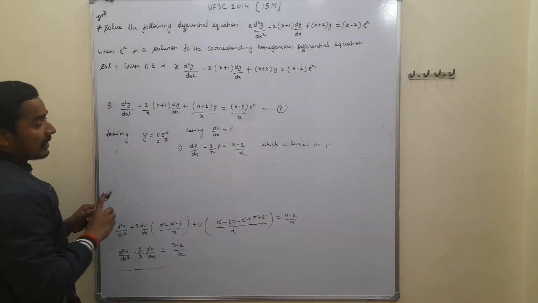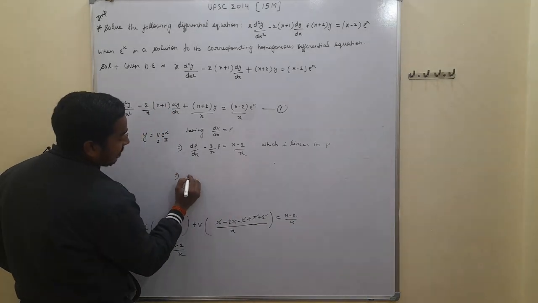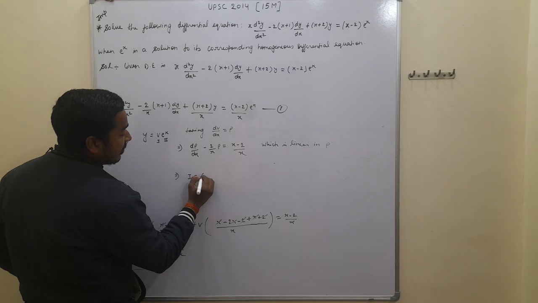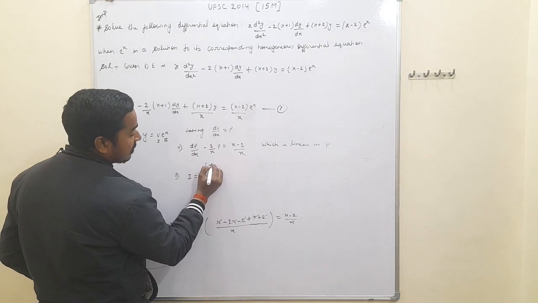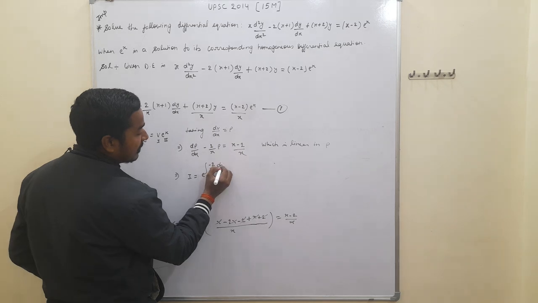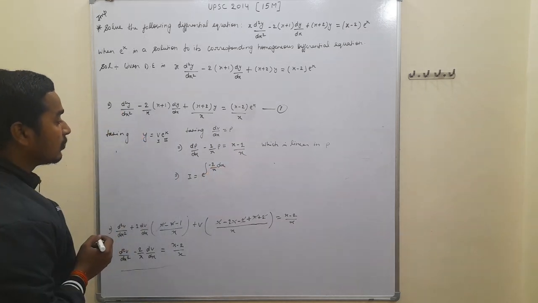And the integrating factor is given by e to the power of integral of P dx. The coefficient is here minus 2/x into dx, and we have to solve here.